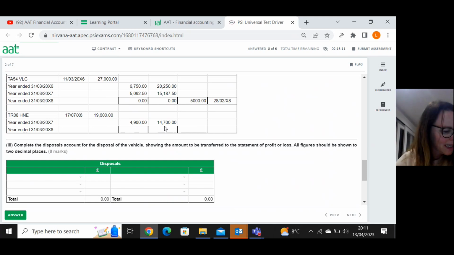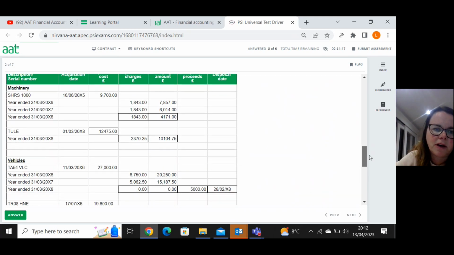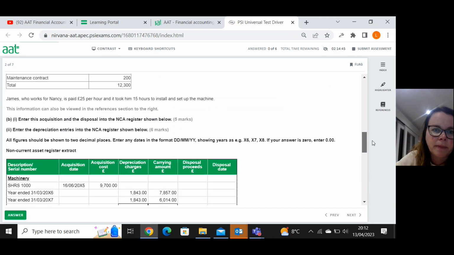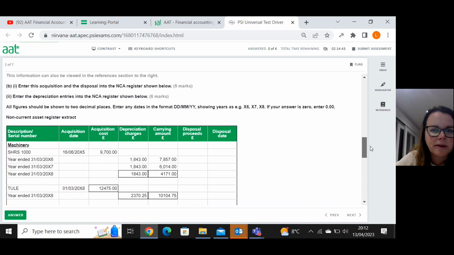It was 25%. So that gives me a figure of 3,675, which I then subtract from the 14,700, which gives me £11,025 as the carrying amount. All right, so quite a nice little filling in of a non-current asset register there for 11 marks.